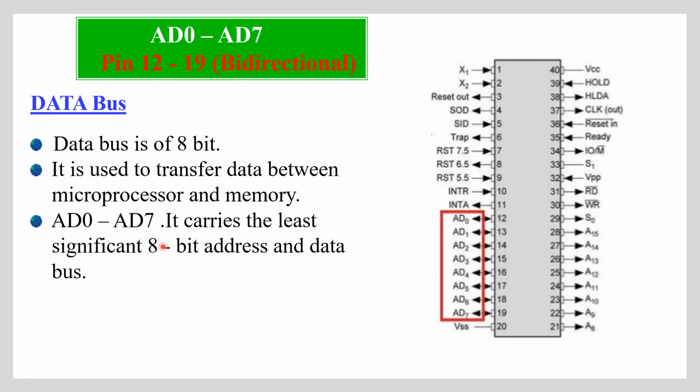AD0 to AD7 carries the least significant 8-bit address and the data bus, because the address bus is 16-bit wide and the data bus is 8-bit wide. The data bus is only 8 lines but the address is 16 lines, so the lower address lines are multiplexed with the data.